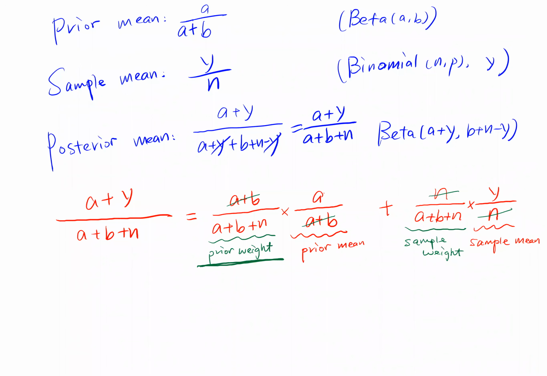One more thing, which can help us link to what we talked about as the prior sample size. Remember I said that A plus B can be considered as a prior sample size when you're trying to specify your prior. You can see it even more clearly here.